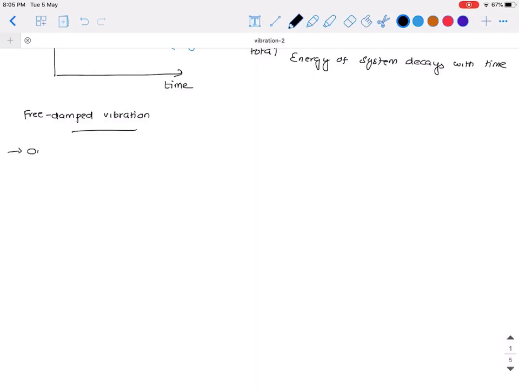So our goal is to understand what happens to a harmonic oscillator when we add friction. Okay, that is what we are going to discuss.